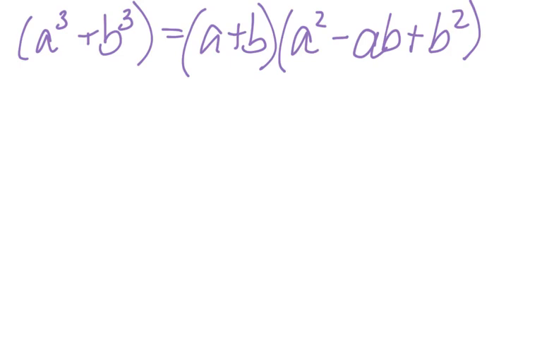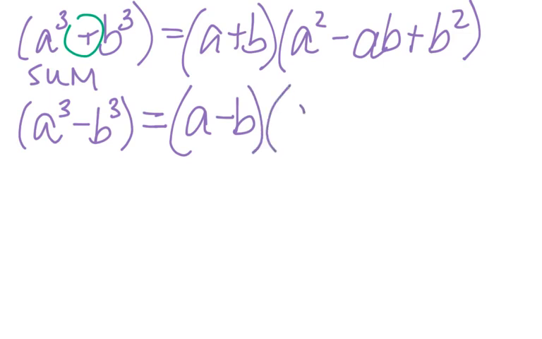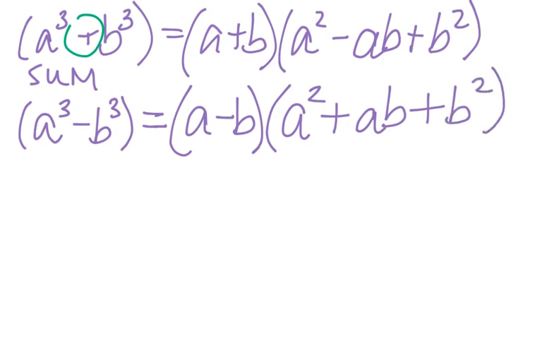And this is a pattern you'll want to memorize, but I will teach you an acronym that can help you. So this is the sum of cubes because there's addition. The difference of cubes is a cubed minus b cubed, and the pattern is a minus b times a squared plus a times b plus b squared.